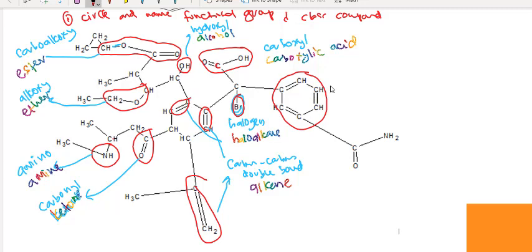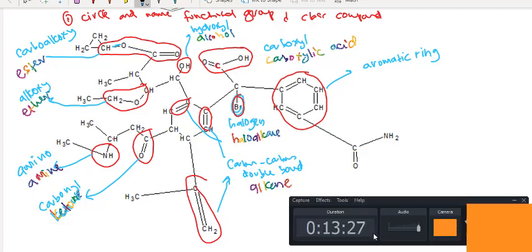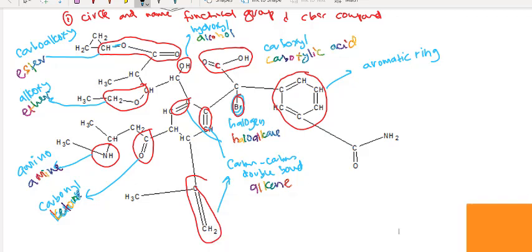Okay, so this is aromatic ring. Okay, so the class of compound is aromatic compound.